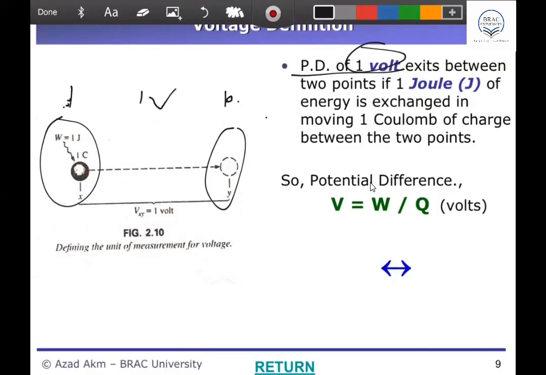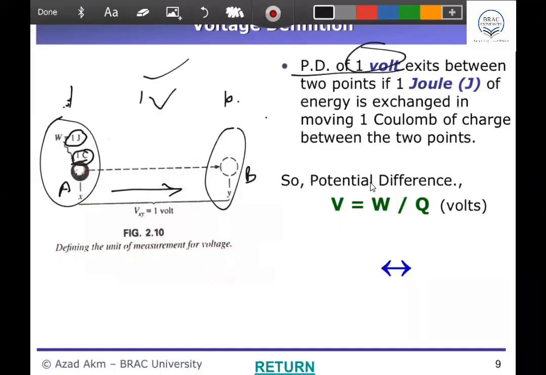1 volt means moving 1 coulomb of charge. Let's say this is point A and this is point B. To move 1 coulomb charge from point A to point B, if you need to do 1 joule of work, that is called 1 volt.